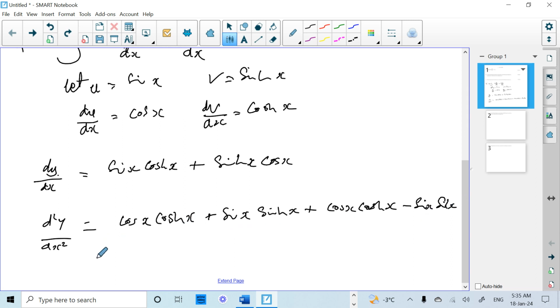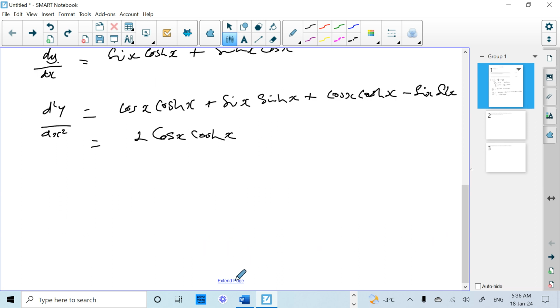And that will give you a final result, once you tidy up, of 2 cos x cosh x, because your sin x sinh x will have gone. So you end up with 2 cos x cosh x for your second derivative.